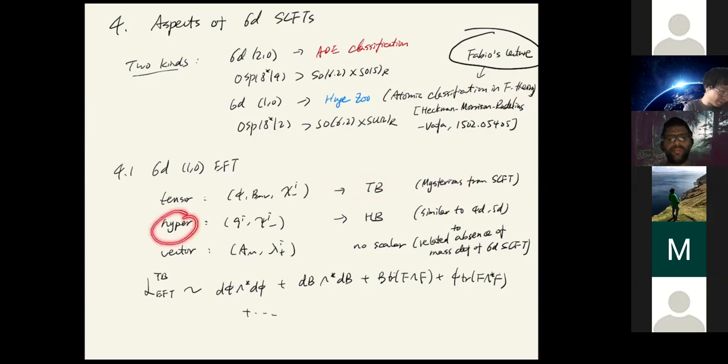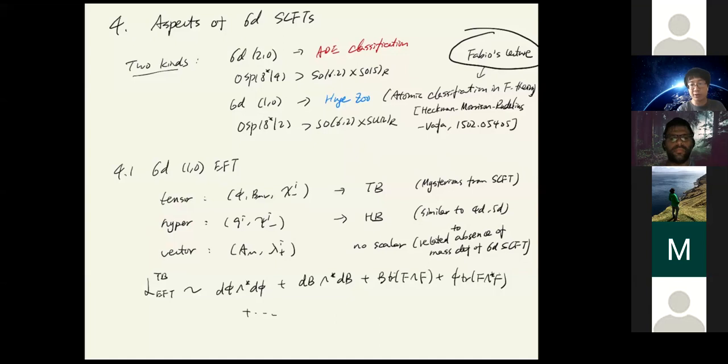There's also hypermultiplets, which is very similar to what we have encountered in 4 and 5 dimensions. They contain some scalars transforming as a doublet of SU(2)_R and some fermions. And they give rise to the Higgs branch that's very similar to 4 and 5 dimensions. In addition to these basic fields, you also have vector multiplets. And importantly, the vector multiplets in 6 dimensions don't have any scalar, okay?